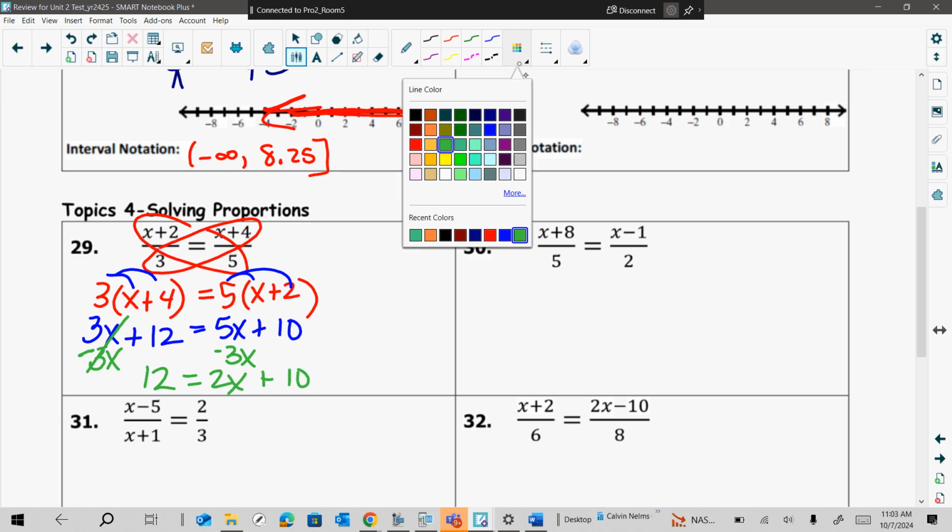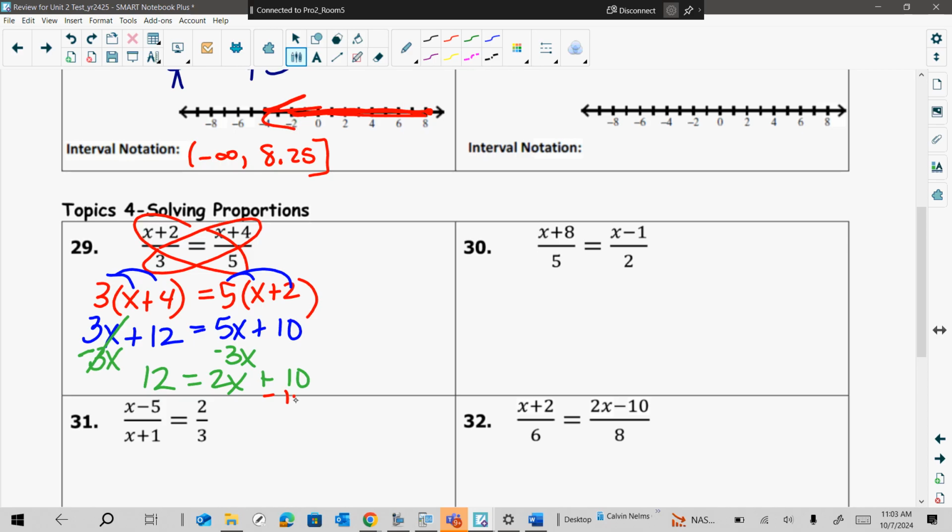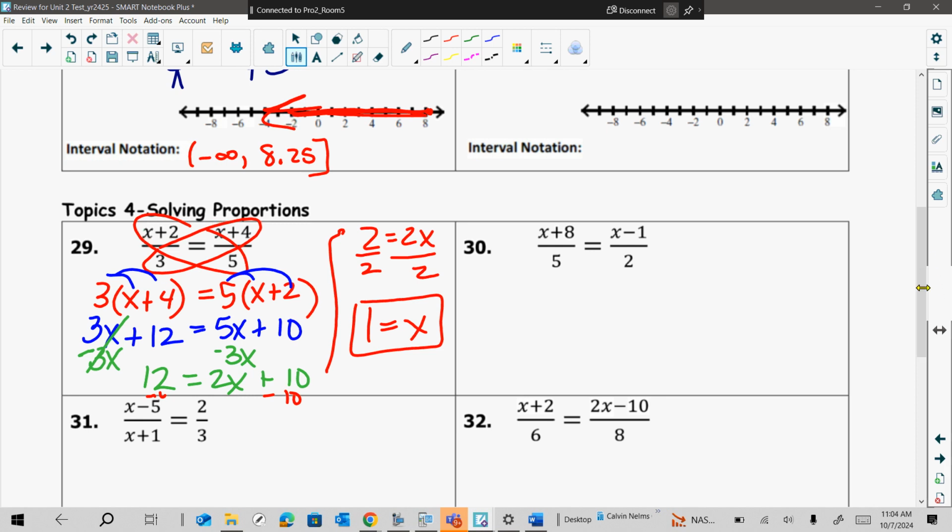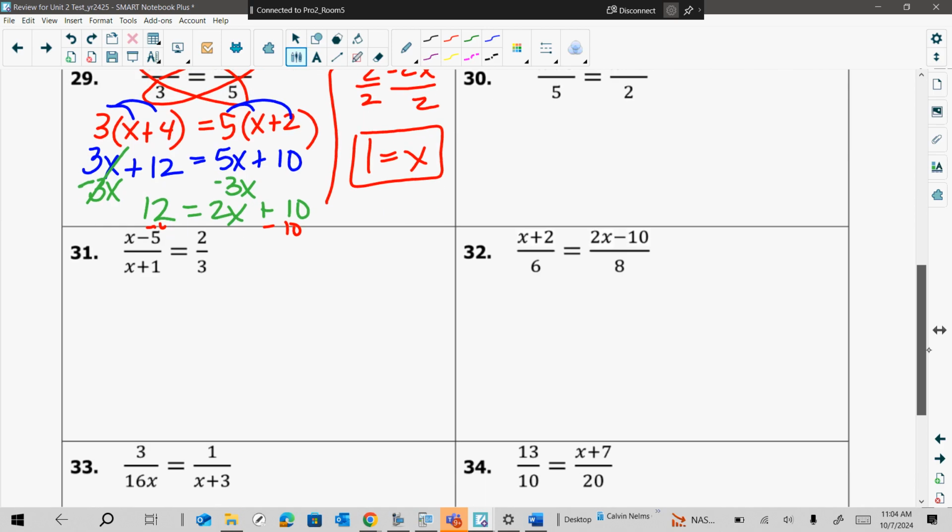And then I'm kind of running out of room here, but you're going to subtract the 10. Now make sure, like I said, to show your cross products, or show your distributing.